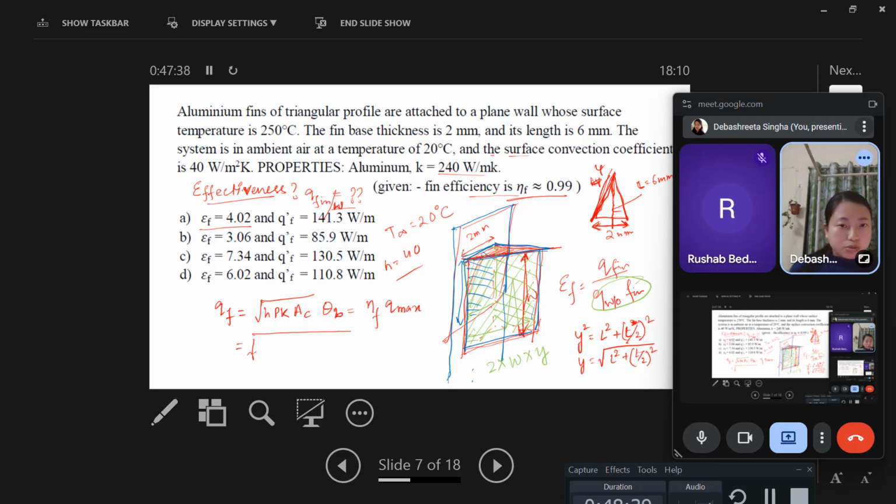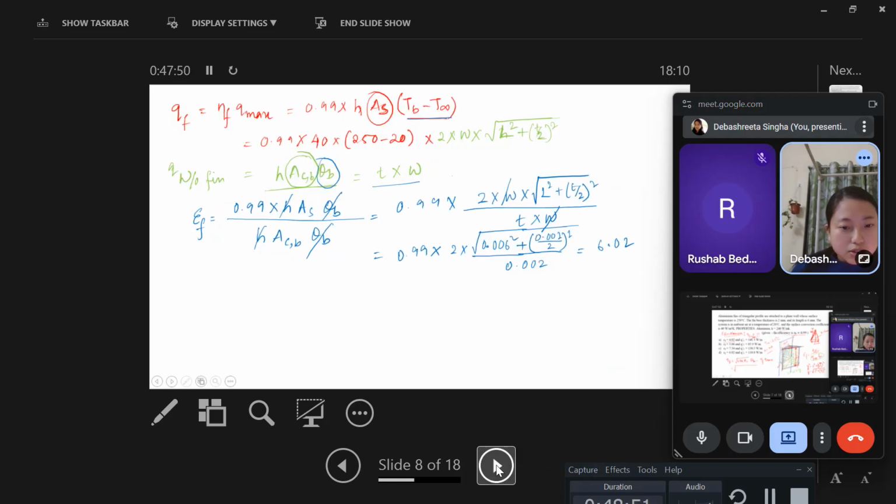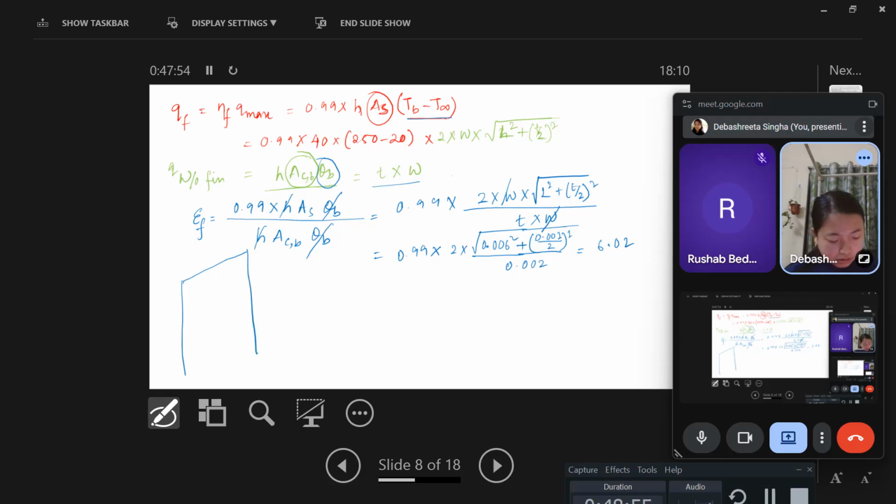In this question particularly, they have given the structure like this, but it's not necessary that the structure is always like this. It can also be like this. If this is the base, this thickness, this width can be small also, okay?